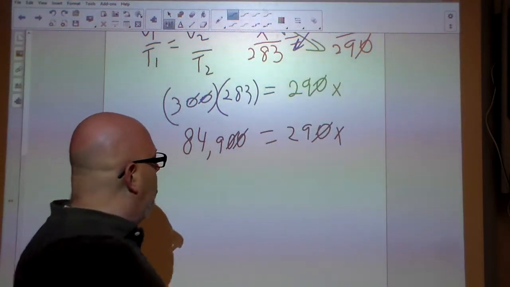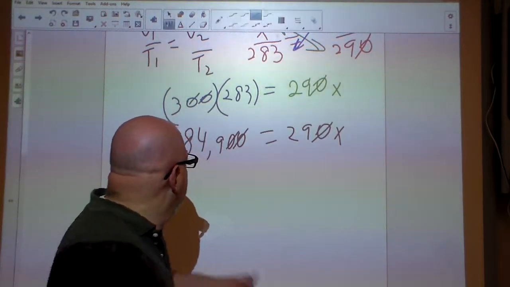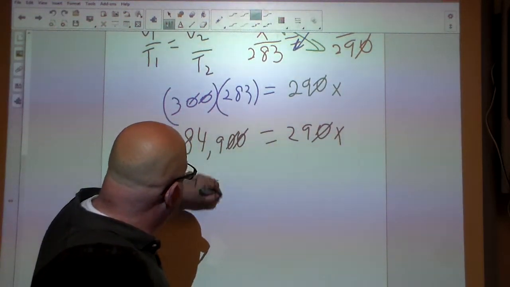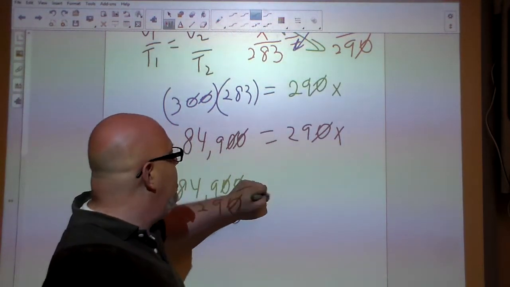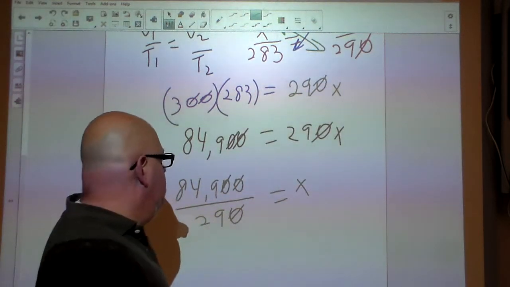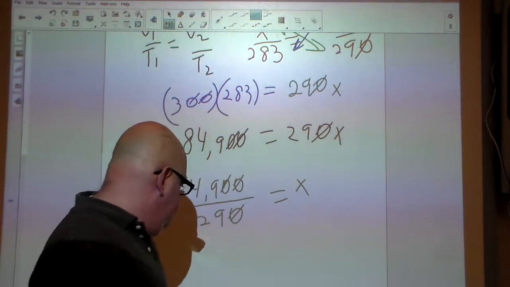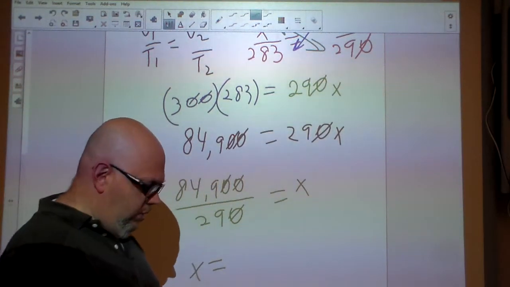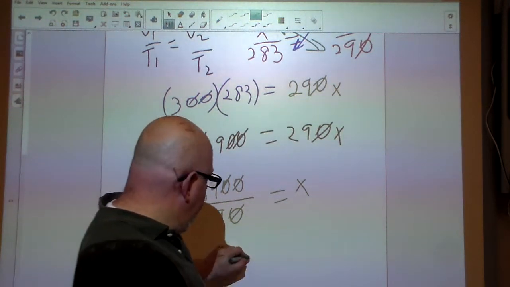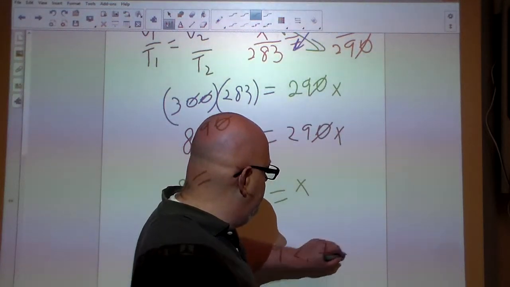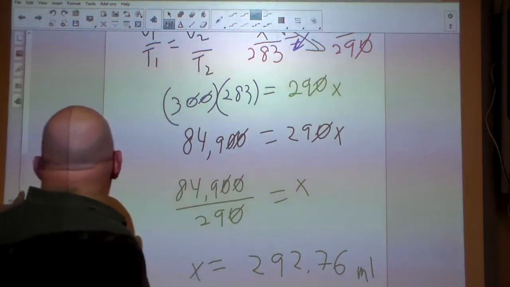Last step of algebra. We're going to divide 84,900 by 290, and 290x divided by 290 is finally x, because 290 divided by 290 is 1. So x is going to equal 84,900 divided by 290, and we have 292.76 milliliters.